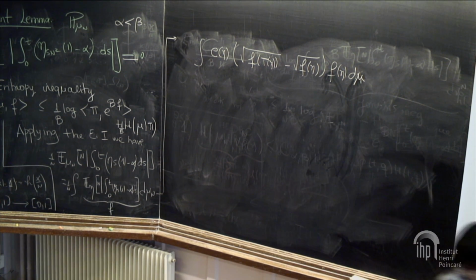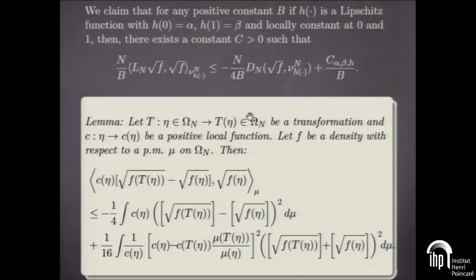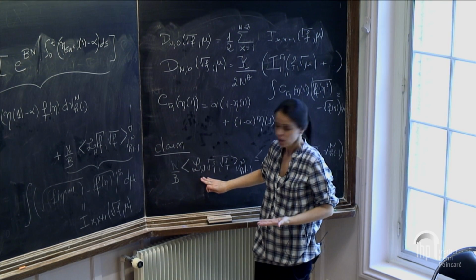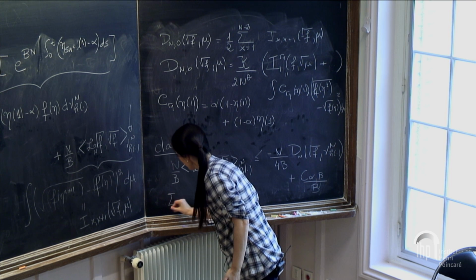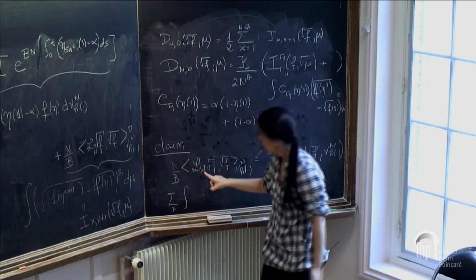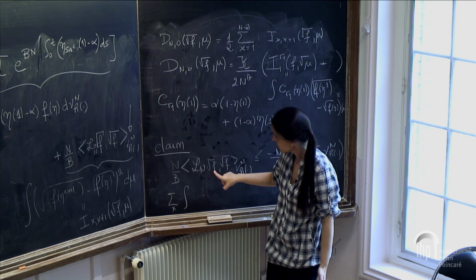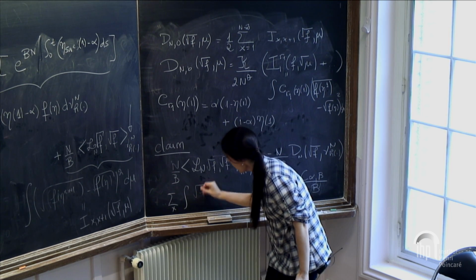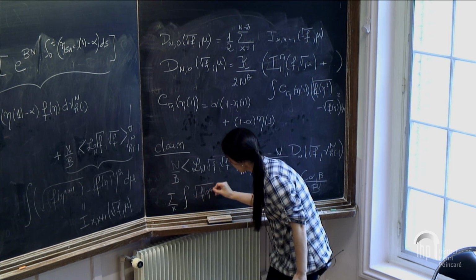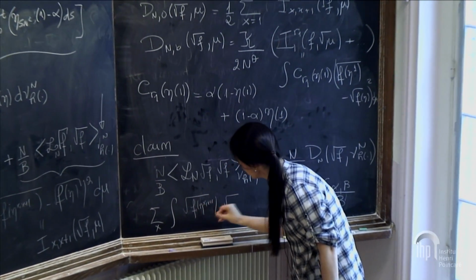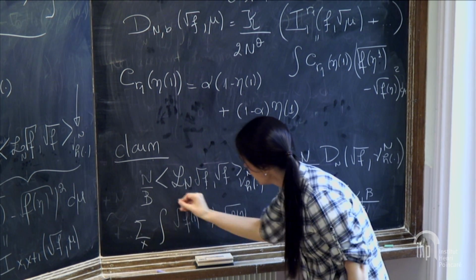And why do I need to do that? Because this term which is written here, if you look at the generator, for example, in the bulk, what I have is the sum over x, the integral, and I apply the generator to the square root of f, and what I have is f of eta x plus 1 minus the square root of f at eta.